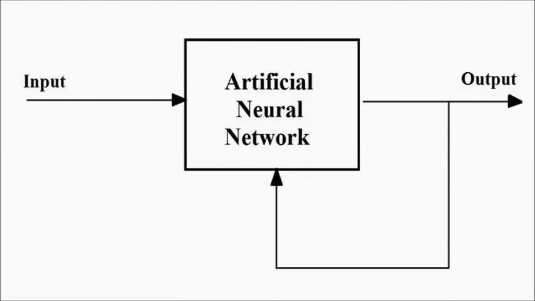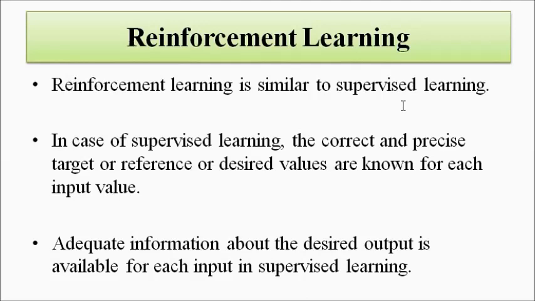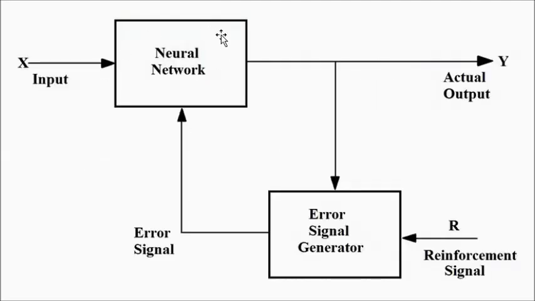Next one is the reinforcement learning. So the reinforcement learning is almost similar in principle to the supervised learning. Okay, it is almost the same thing. Here also, as in supervised learning, the neural network gets an input, it produces a certain output depending on the input which is given to it and the various parameters and features associated with the neural network, that is the weights, bias, and the network architecture.